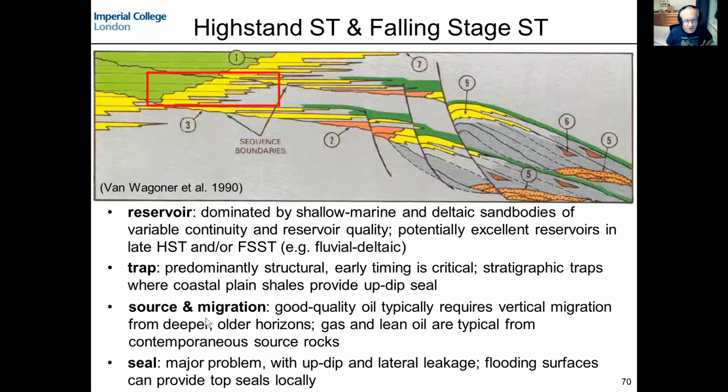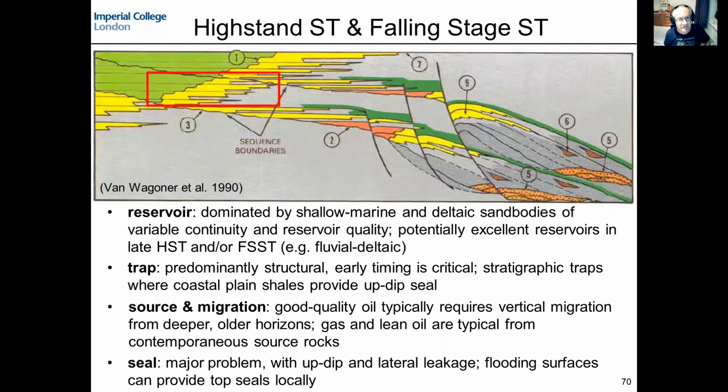Okay, in terms of source rock and migration, well, we can rely on our old friend of having source rocks and migration from deeper stratigraphic levels. We can also get gas associated with coals, for example, in a coastal plain succession. So we can also get migration laterally from coastal plain into these shallow marine sandstones. I've mentioned already that seals and traps are the major problems in here.